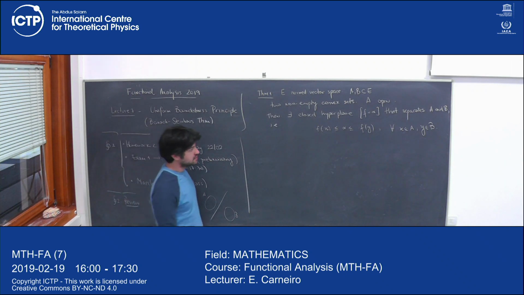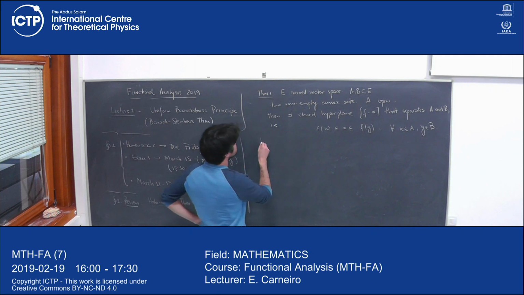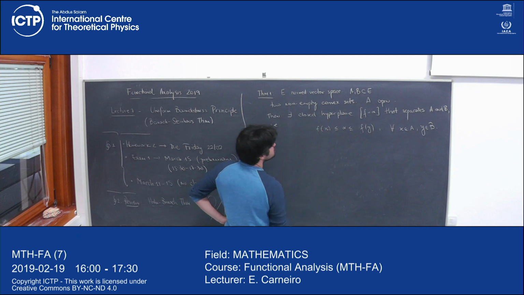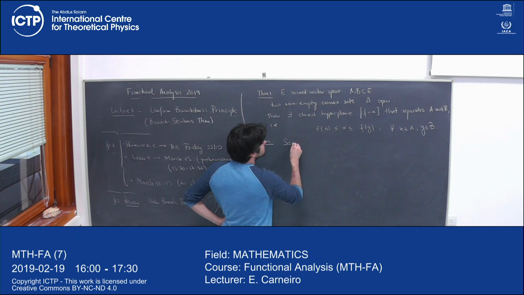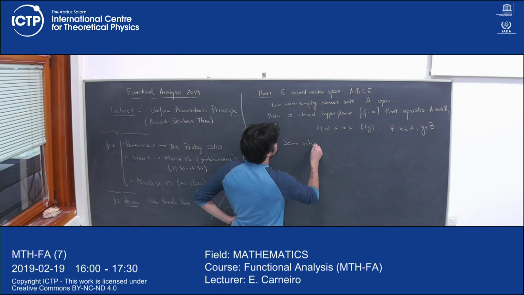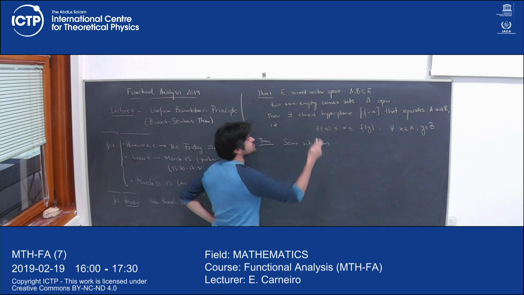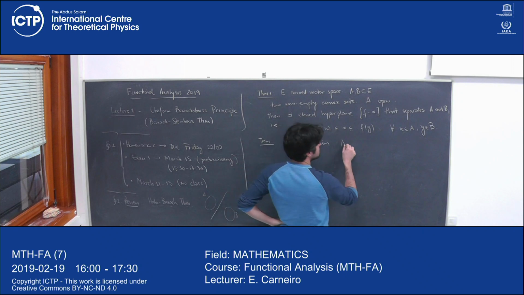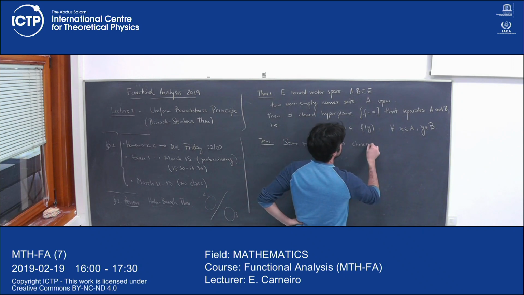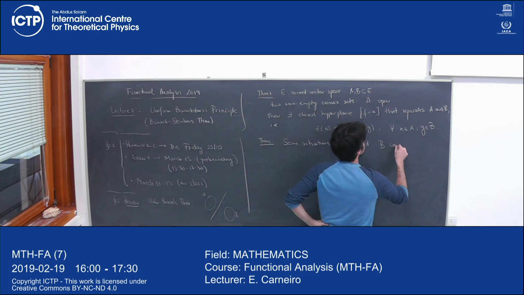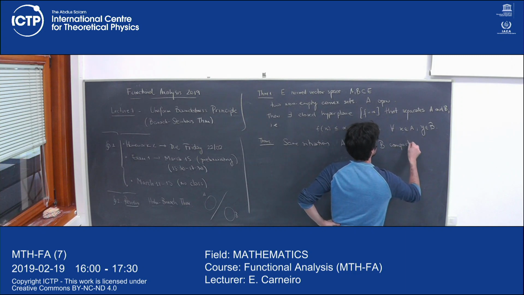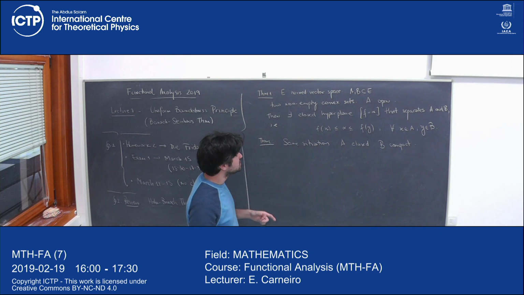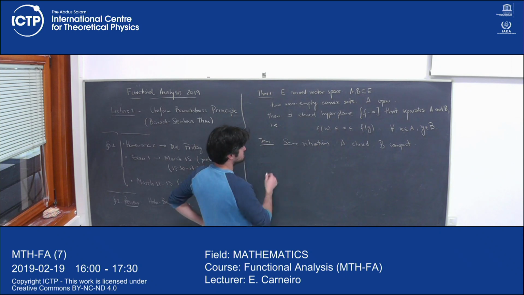separates them. Not strictly separates. So this is theorem 2 that we saw at the end of the class. Same situation as before. In the normed vector space, A and B, two non-empty convex sets. Now let's assume that A is closed and B is compact. So if I assume that one of my sets is closed and the other one is compact, you can actually find a hyperplane that strictly separates.